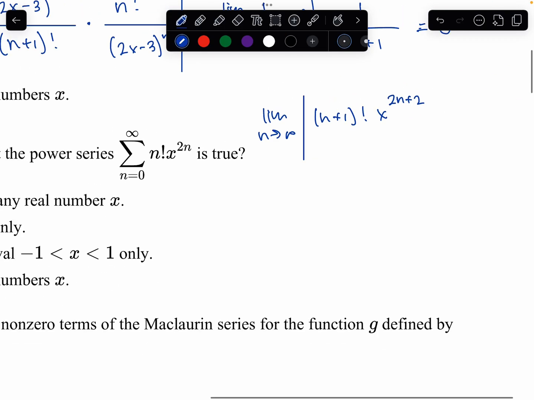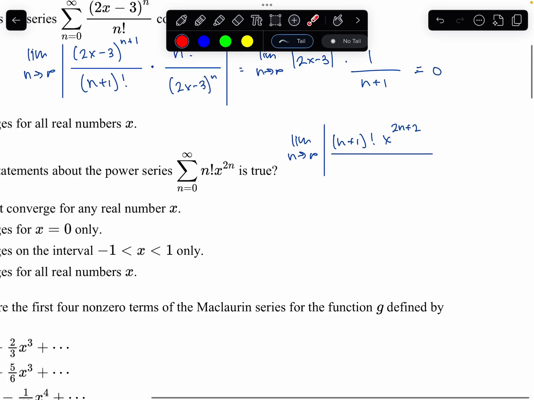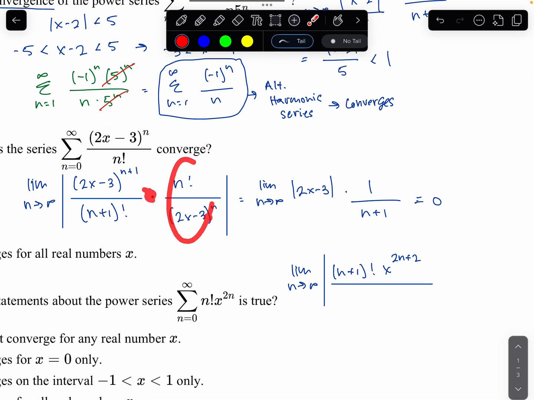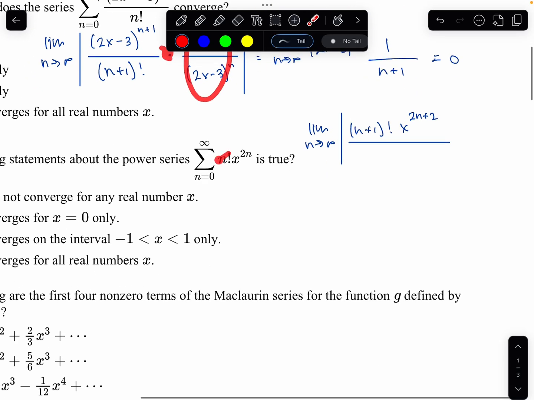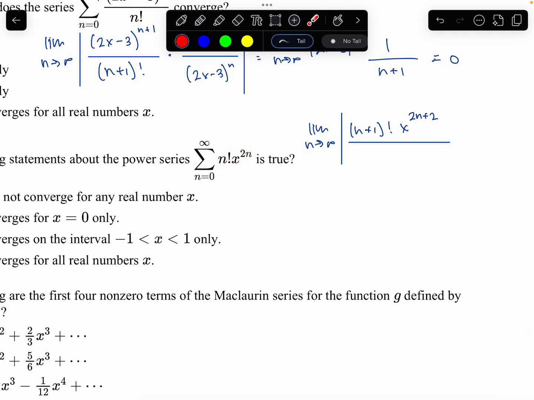And now, in this case, I know for every example it always feels like we're multiplying by the reciprocal, but because this expression is not a ratio itself, I'm just going to divide by a sub n. So divide by n factorial and x to the 2n.